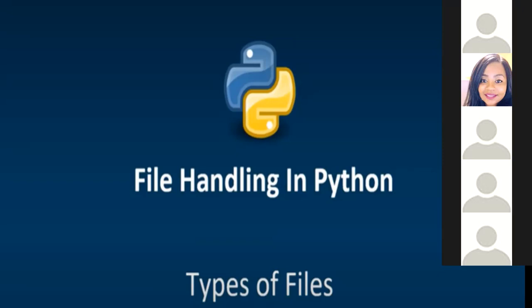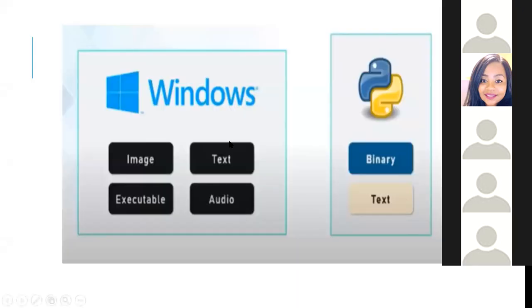First, I'll start with the types of files, and I will show you most that you know. In Windows, we have image files, which are files that contain images. We have text files, executable files, audio files, and video files, etc. But we are talking about Python, so we just have text files and binary files.